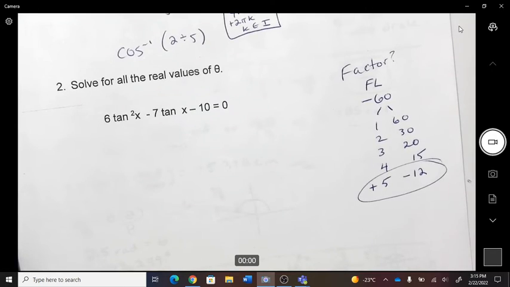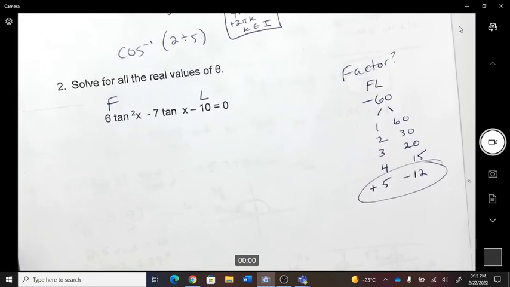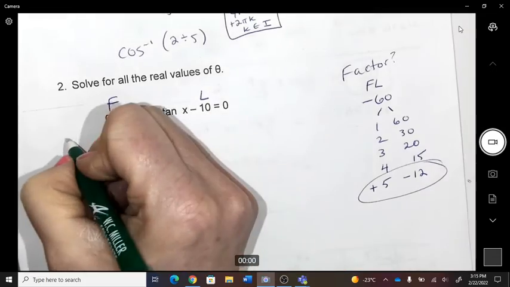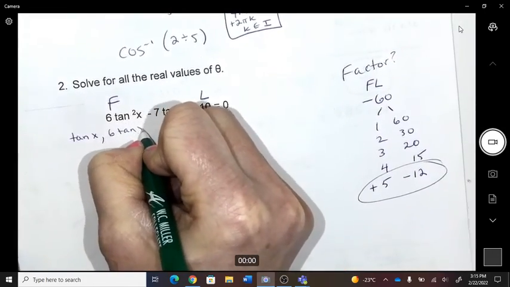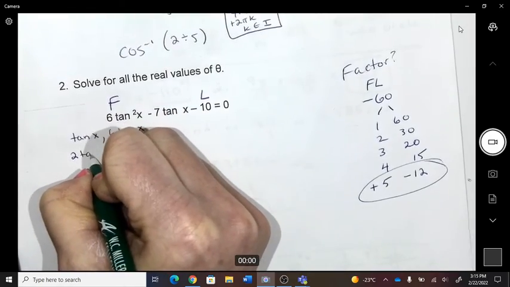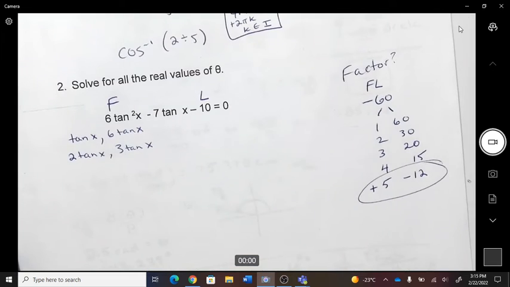Okay. So I'm going to list my F options, I'm going to list my L options, and pick which ones I'm going to go with. I could go with tan x and 6 tan x, or I could do 2 tan x with 3 tan x. That's the only way you can make a 6 tan squared x.